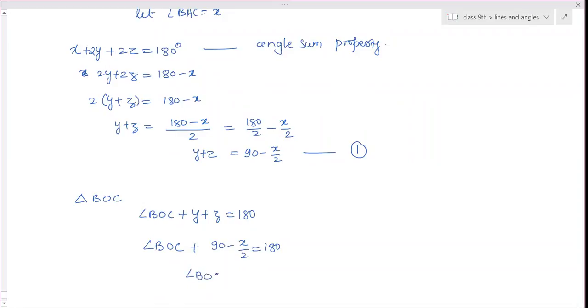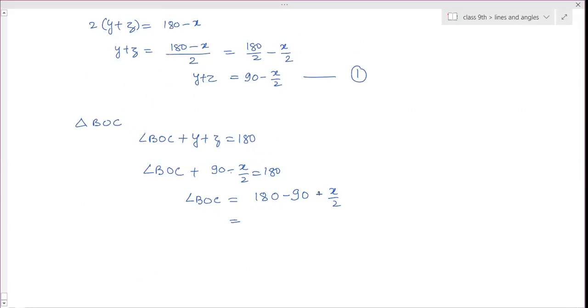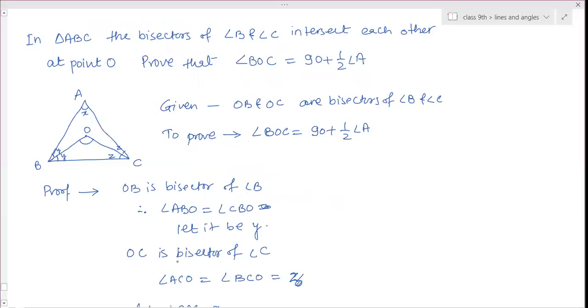What is angle BOC? 180, this 90 will transfer to that side, minus 90. Minus x by 2 will become plus x by 2. So 180 minus 90 is 90 plus x by 2, which is angle BOC. For what purpose have we taken x?